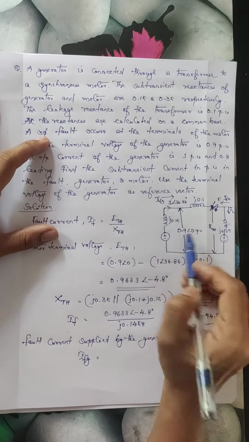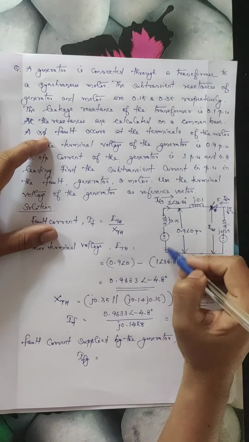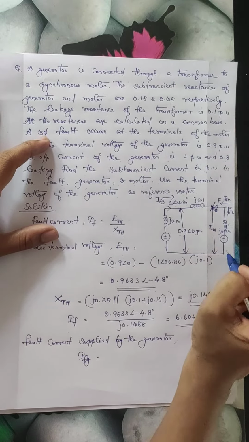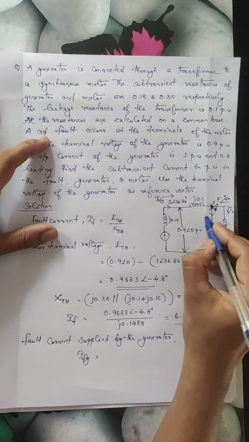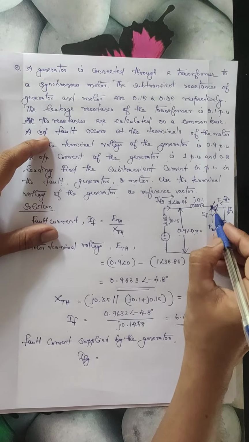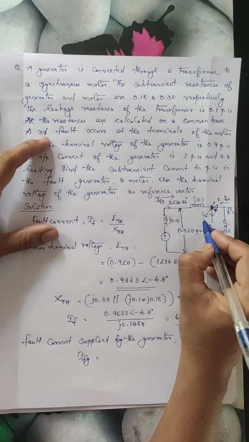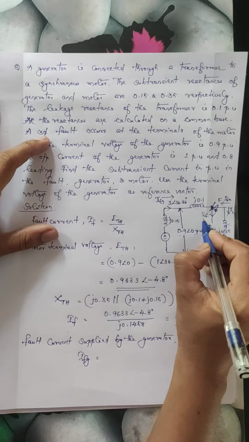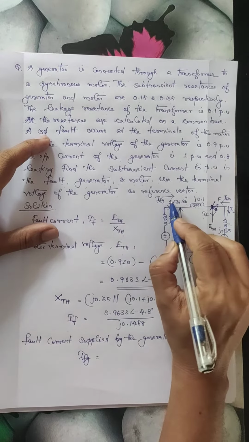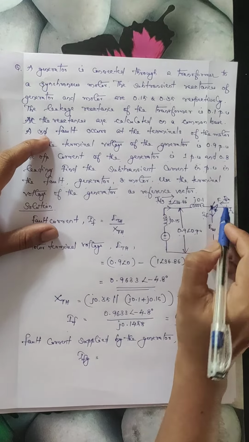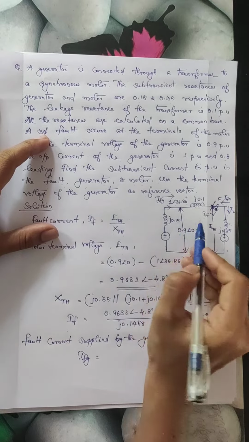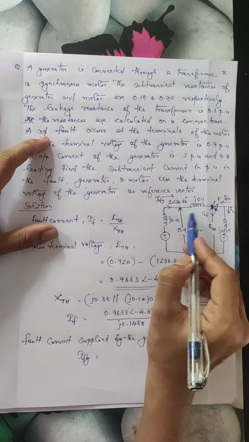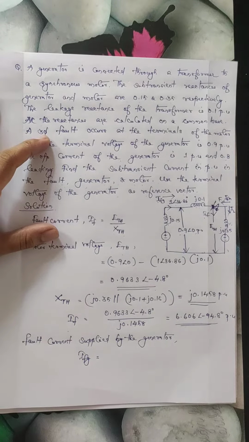We know the total fault current, current flowing through the fault point we know, and then by using current division rule we can calculate this IFG as well as IFM.